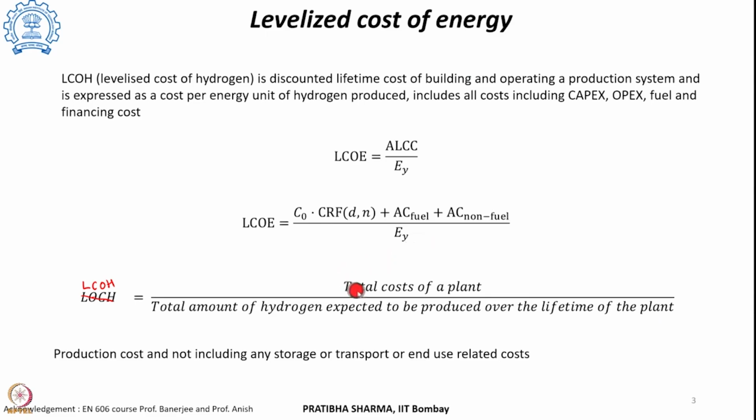So, the total cost divided by the total amount of hydrogen that is expected to be produced by that plant over its entire lifetime. Only the production cost is included while calculating the levelized cost of hydrogen, not the storage or the transport or the end use cost.